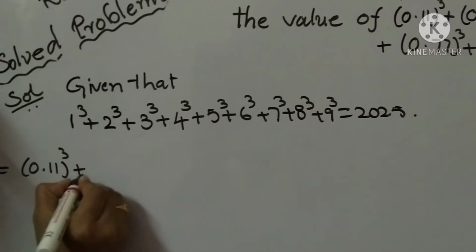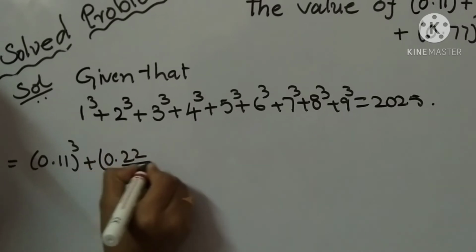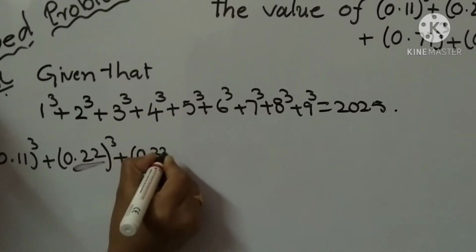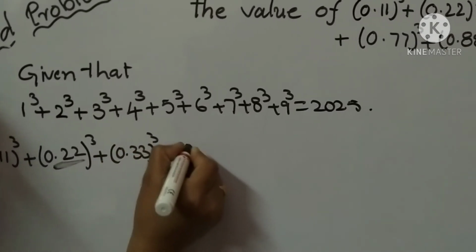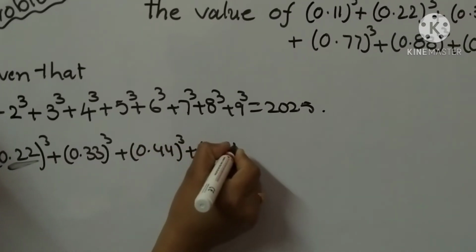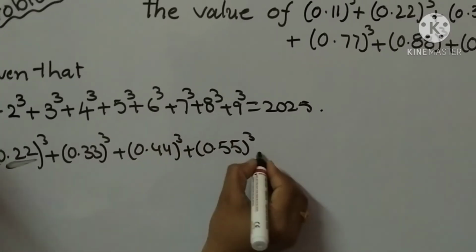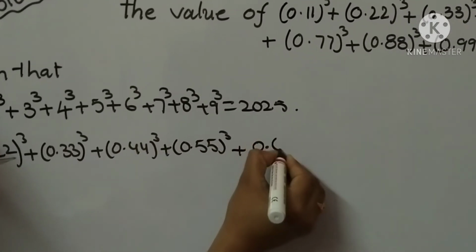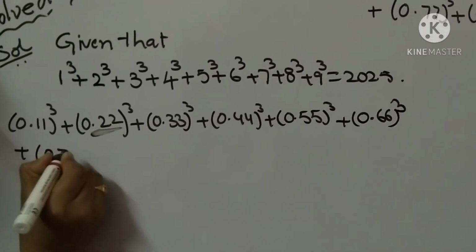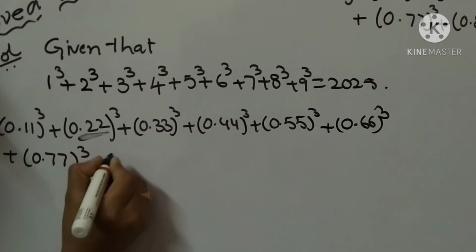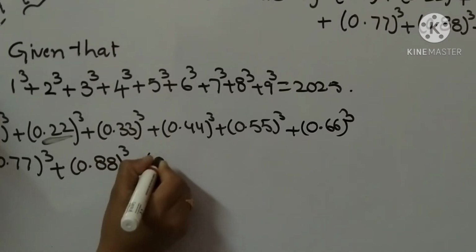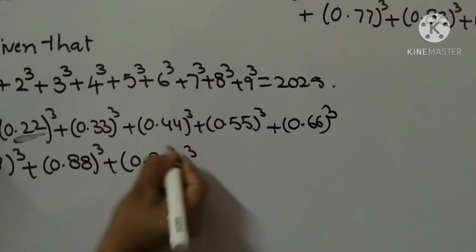0.11 whole cube plus 0.22 whole cube plus 0.33 whole cube plus 0.44 whole cube plus 0.55 whole cube plus 0.66 whole cube plus 0.77 whole cube plus 0.88 whole cube plus 0.99 whole cube.